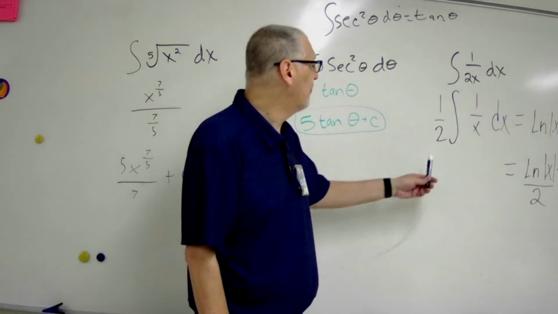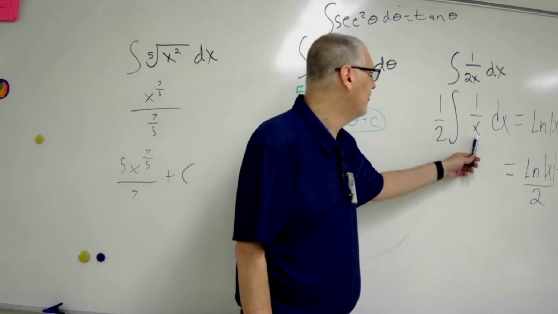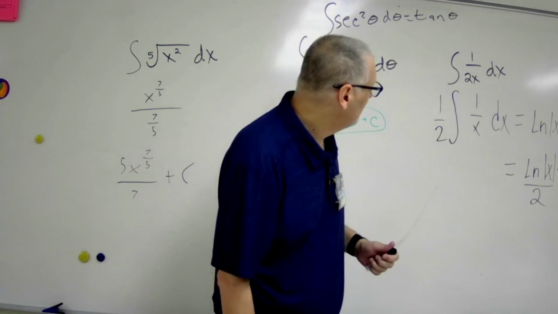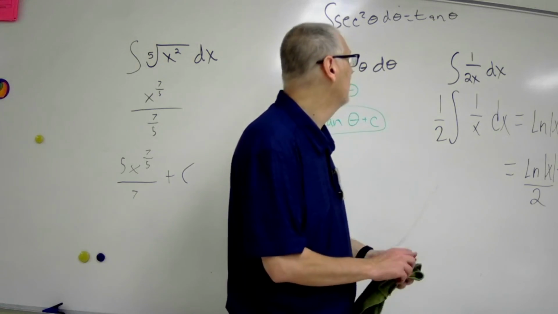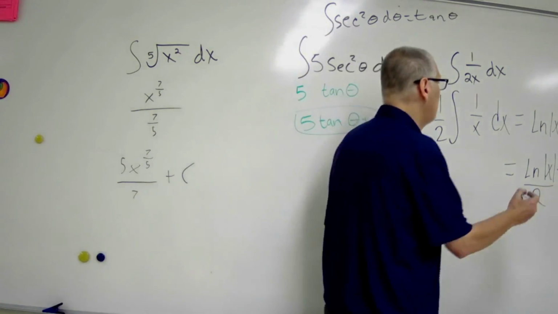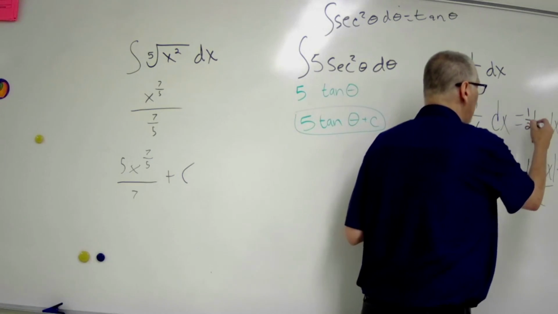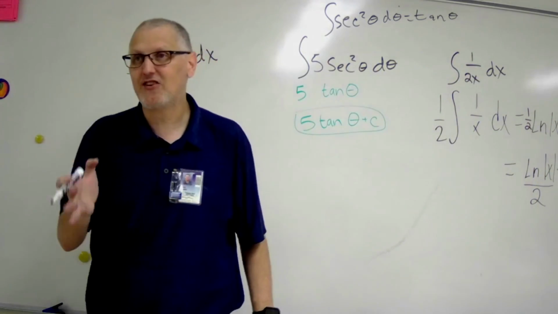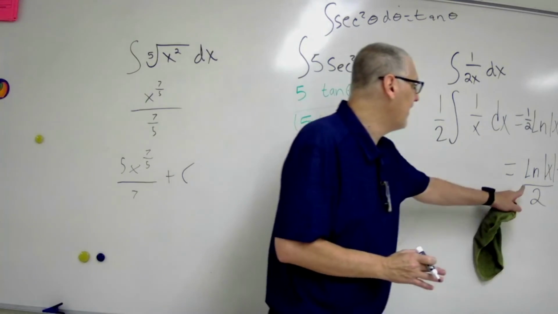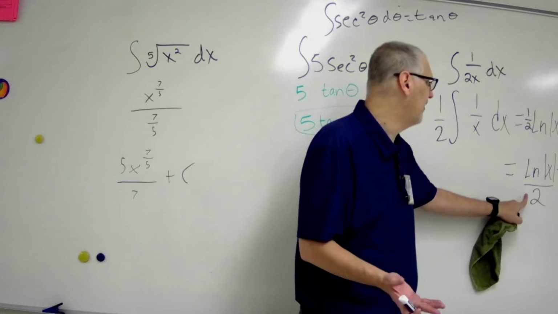Right here, pull out your constant 1/2, the integral of 1 over x dx. Don't be lazy, guys. Put this 1/2 in there. You aren't going to lose points on the test. And then this is okay: ln of the absolute value of x over 2 plus c.